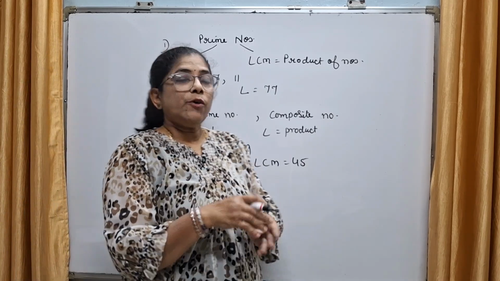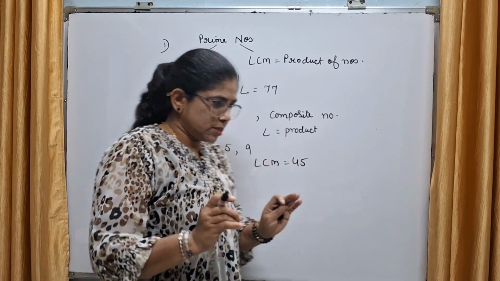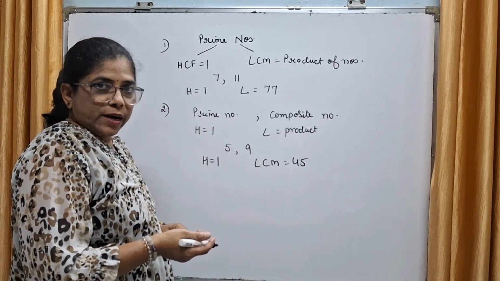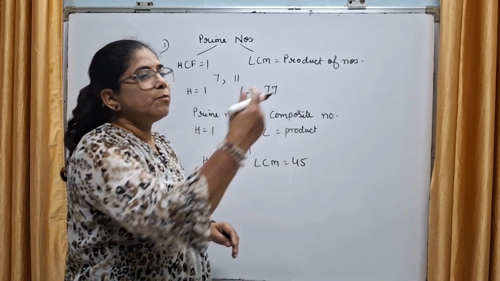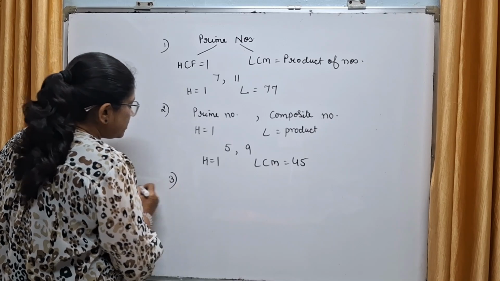Okay. Now if both the numbers are composite, either we can find the HCF and LCM by our traditional method, or observe the numbers properly.